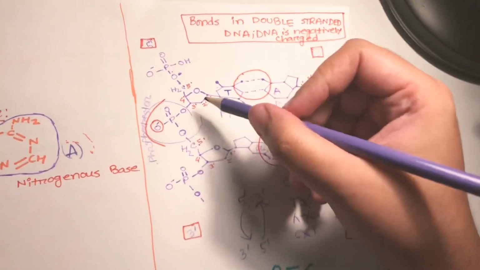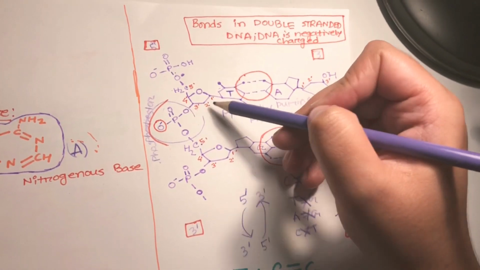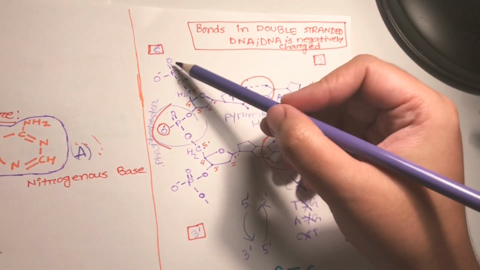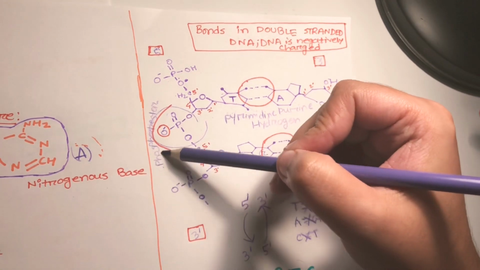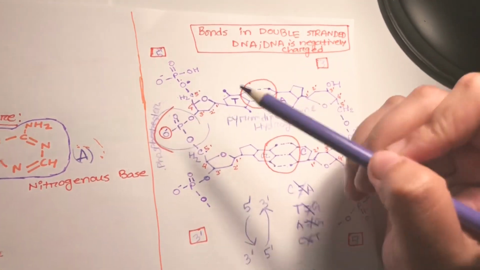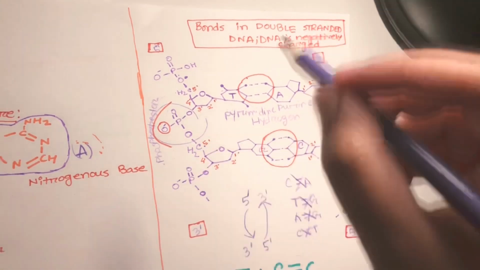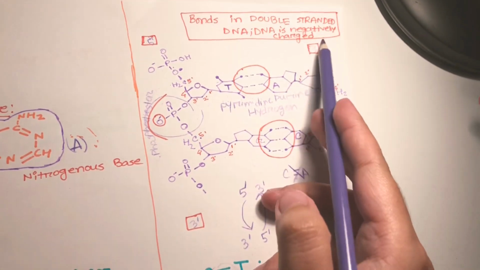And here we can see that one pentose sugar is bound to two phosphate groups, and this bond is known as the phosphodiester bond.